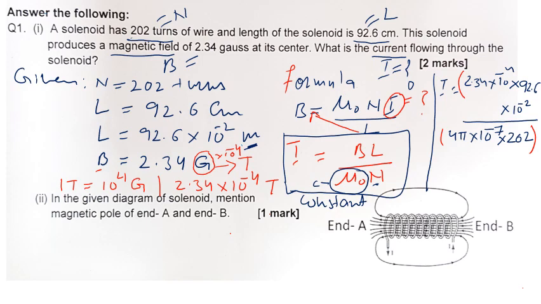So from here to here it should be in the bracket, and after the calculation the value of the I is coming 0.853 ampere. So this is the answer for the current.